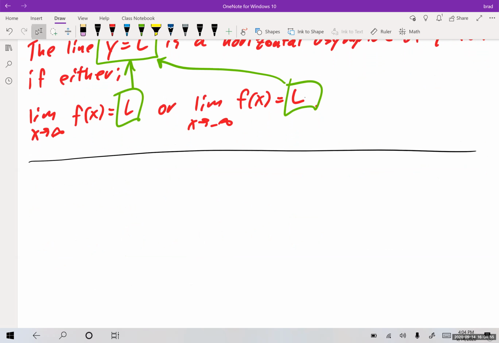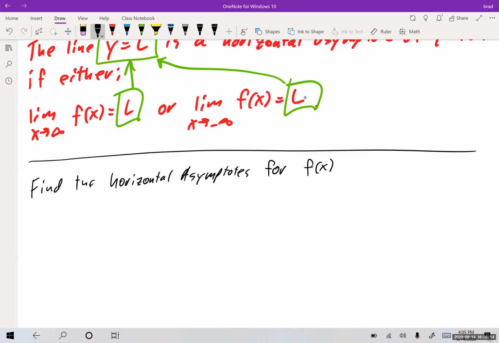So let's take a look at something a little bit harder. Find the horizontal asymptote or asymptotes for f of x equals the square root of 9x squared plus 2, all over 4x plus 3, okay?